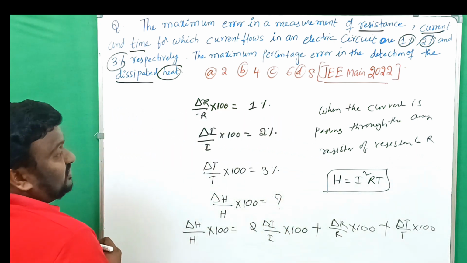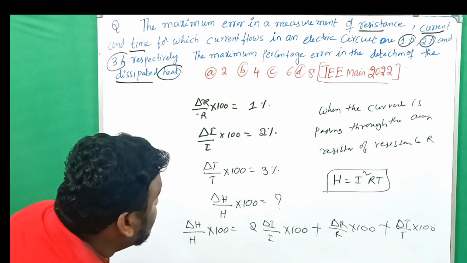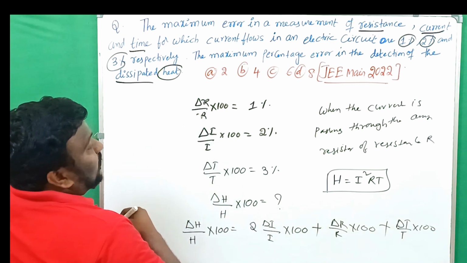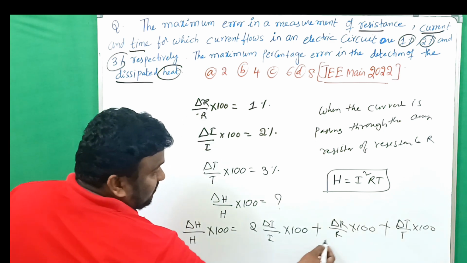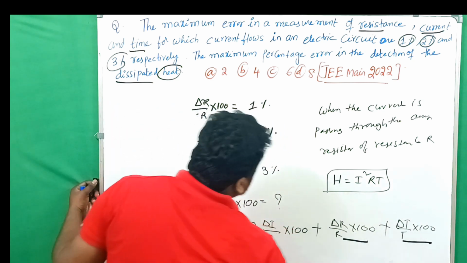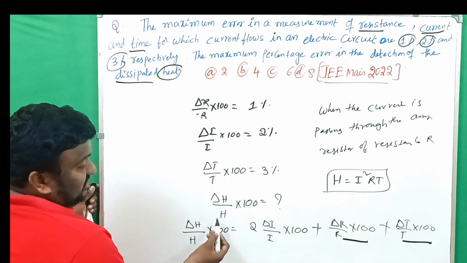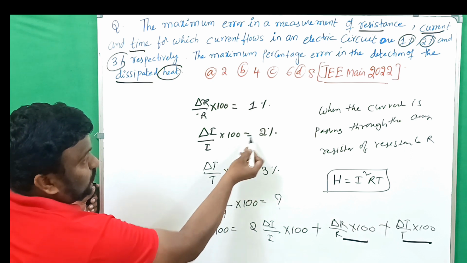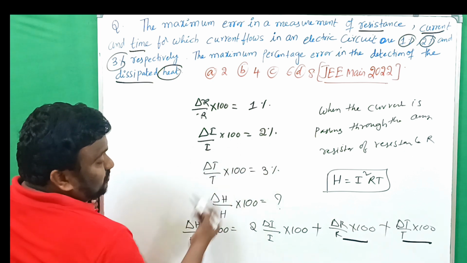The value of delta R by R into 100 is 1%, delta T by T into 100 is 3%, and delta I by I into 100 is 2%.